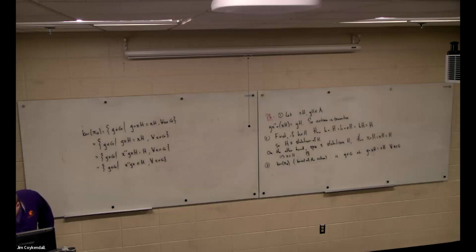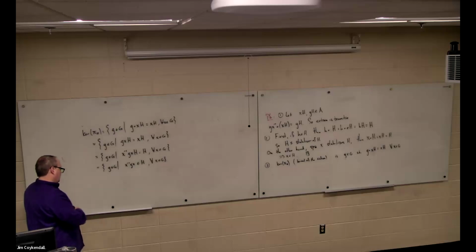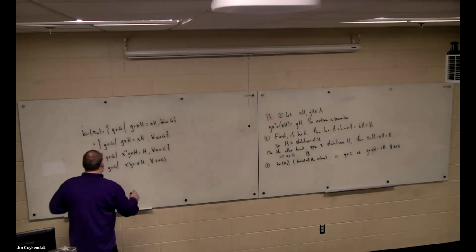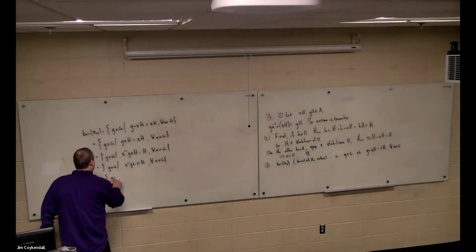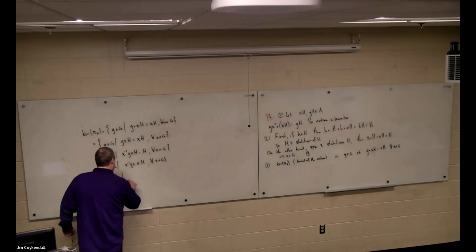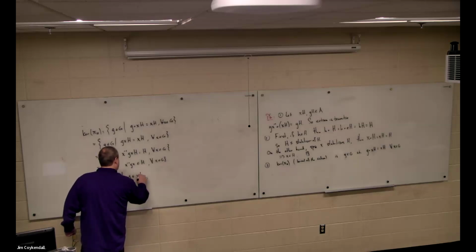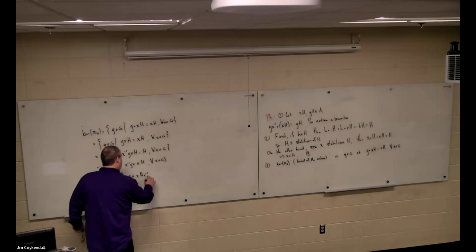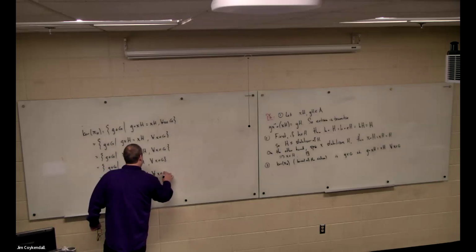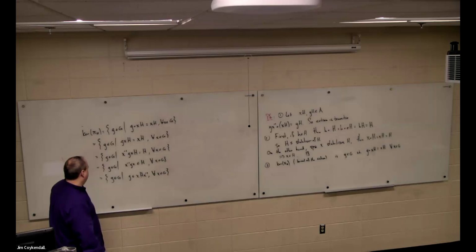And so I guess a good way to put this is that this is equivalent to g in G such that g is in xHx inverse for all x in G. There we go.